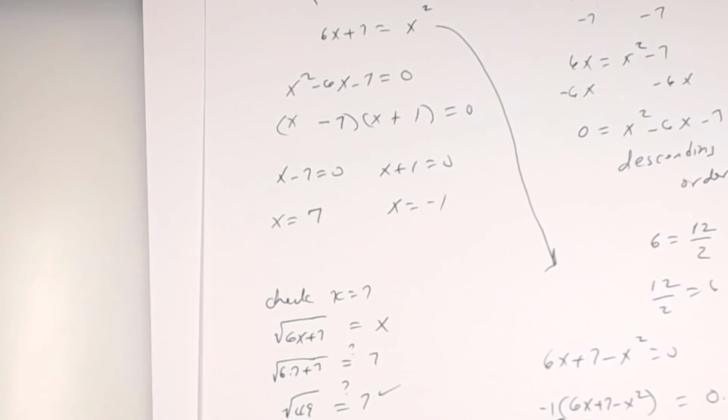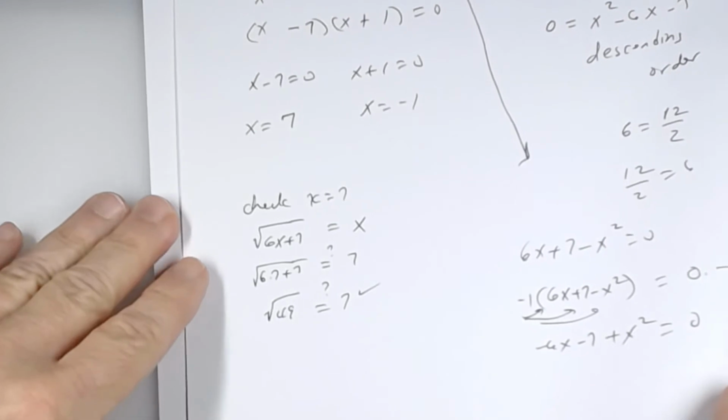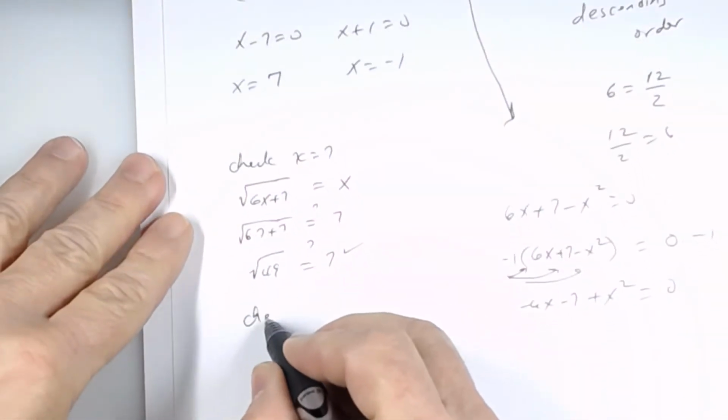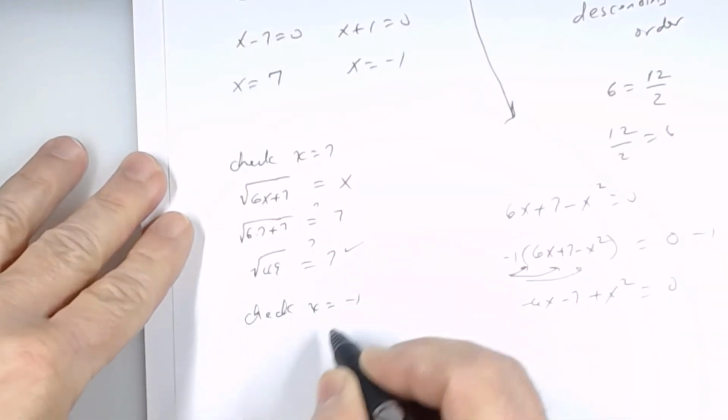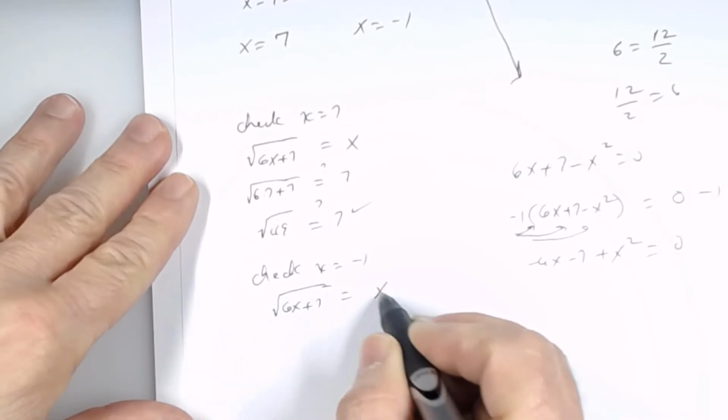And the original equation is what kind of equation? A radical equation. Now let's check x equals negative 1. Go back to the original again: the square root of 6x plus 7 equals x.